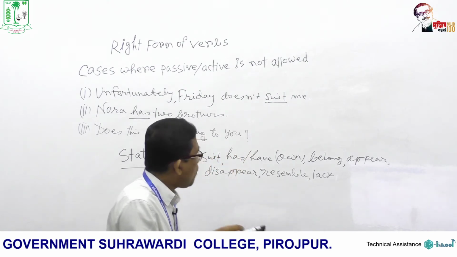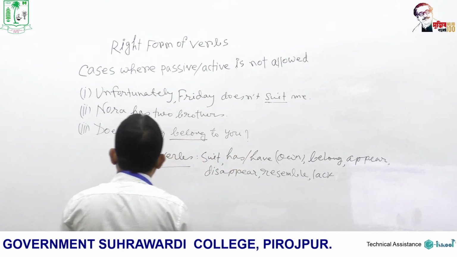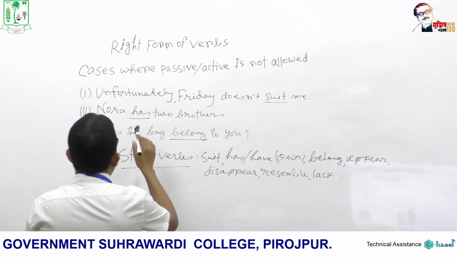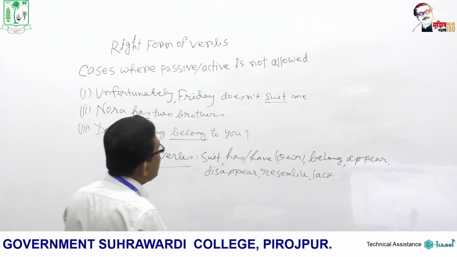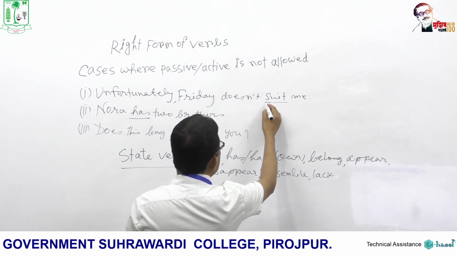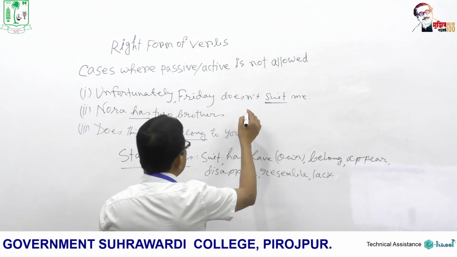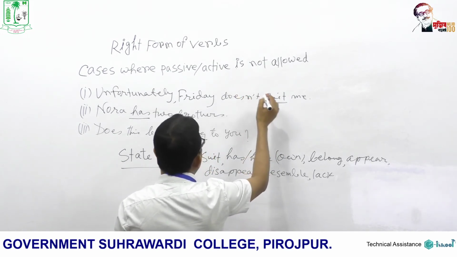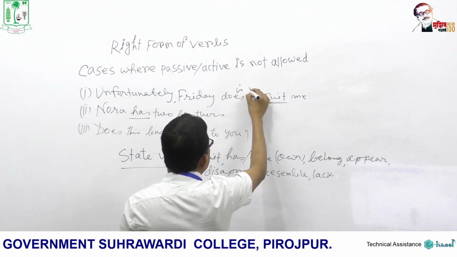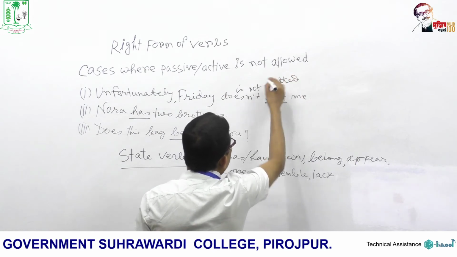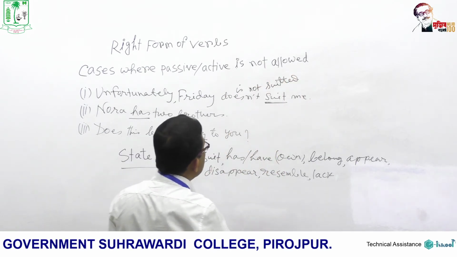So, we haven't used a passive sentence here. Unfortunately, Friday doesn't suit me. This is an active voice, because suit is a state verb. If you make this sentence "Unfortunately, Friday is not suited," then it is wrong, because you have made a passive here.